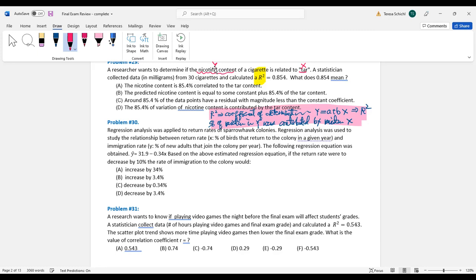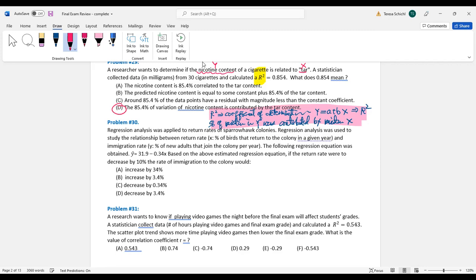That means 85.4% of the variation of the nicotine contents was contributed by the tar contents, right? So let's see which one is most closely related to this definition. So it's 85.4% of the variation in the nicotine contents was contributed by the tar. So it will be this here.